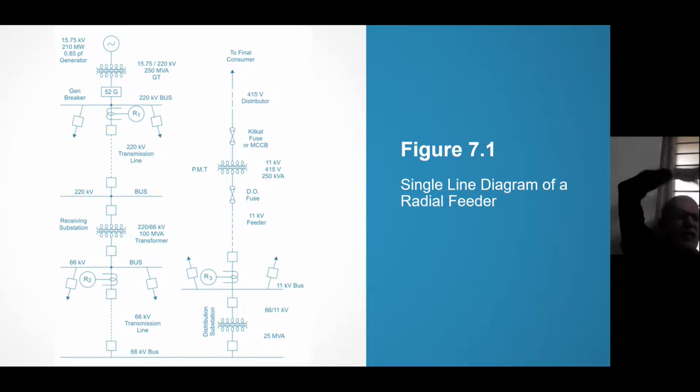And as we have talked about in generator, the generator does not give 210 megawatt to consumers. It eats away 10% of power, because you have to run the boiler, turbine, feed pump, ID fan, FD fan, PF fan, many things. It's a big business.